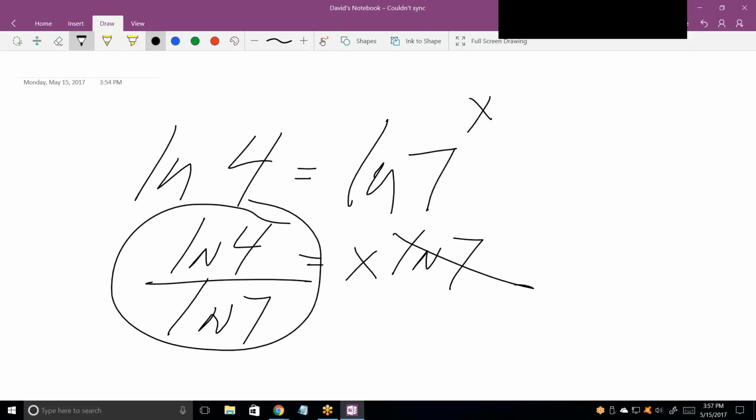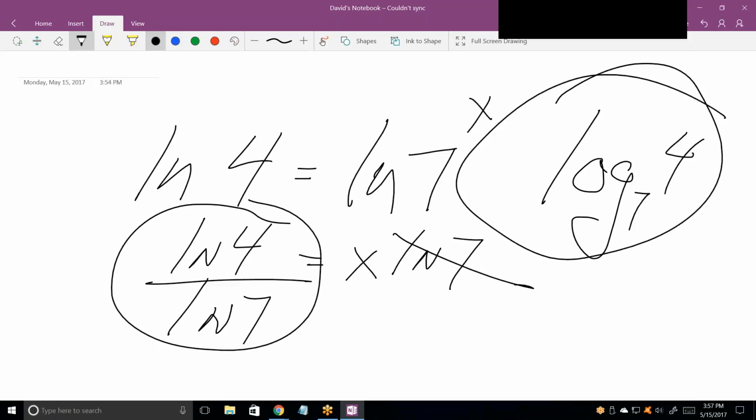That's log base 7 of 4. It's just that we don't tend to work with bases that are not... you're not going to run into very many problems that have that expression in them. It just doesn't happen. Not in calculus, not in higher math.